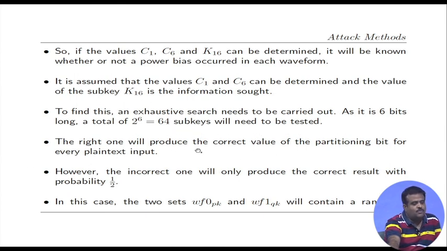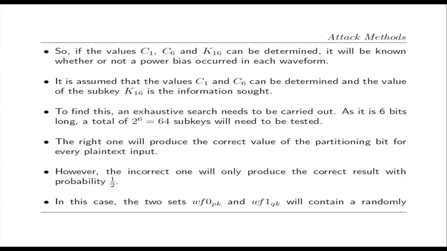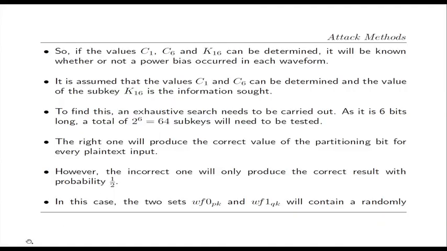The right one will produce the correct value of the partitioning bit for every plain text input. However, the incorrect one will only produce the correct result with probability half, because we are choosing the plain text as random. That is why it will give us half.